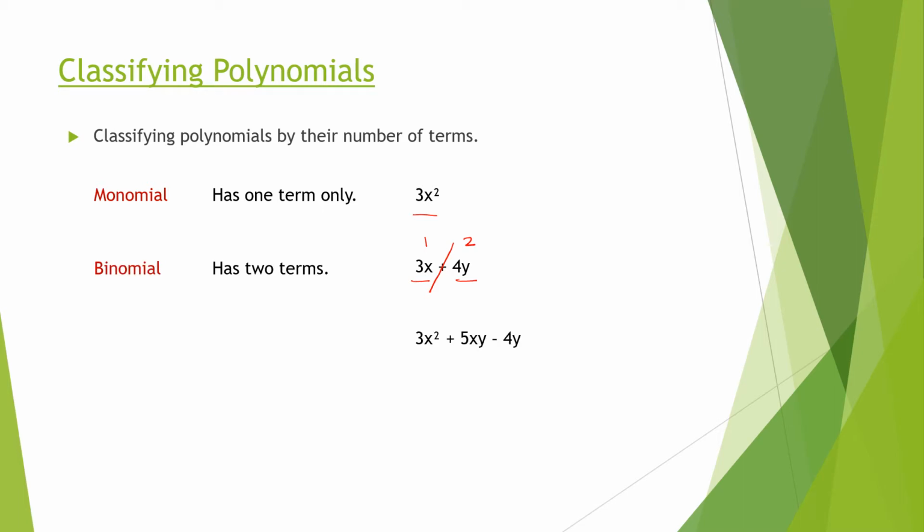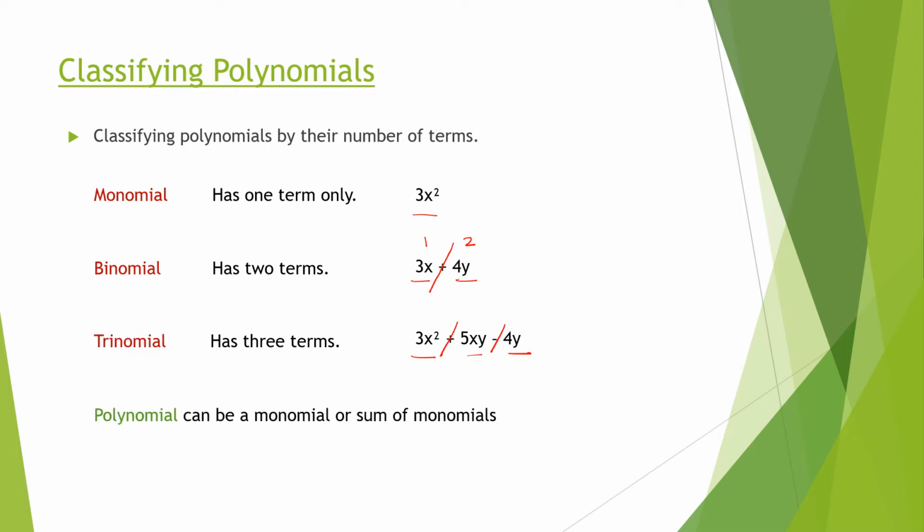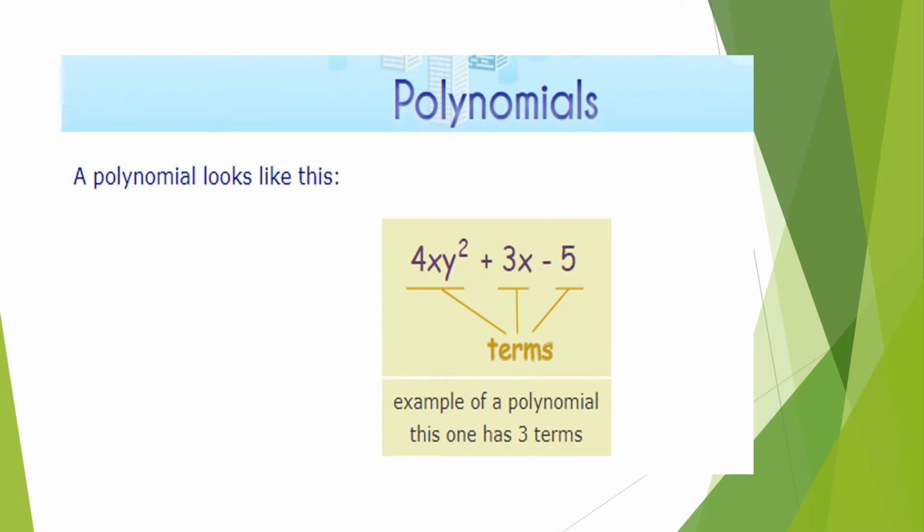If I have here, how many separations, 1, 2, 3, so it's three terms, a trinomial. And all of these are under polynomials, because a polynomial can be a monomial or a sum of monomials. So as we said before, polynomials can have more than one term, or only one.